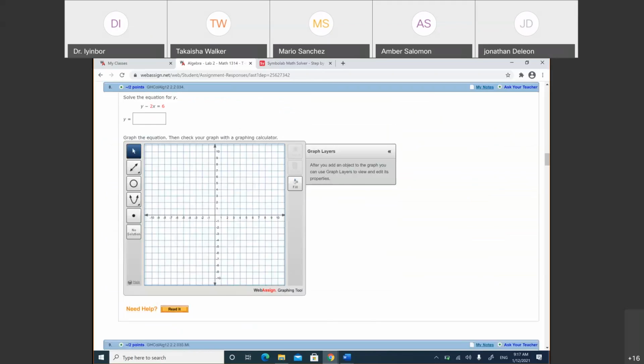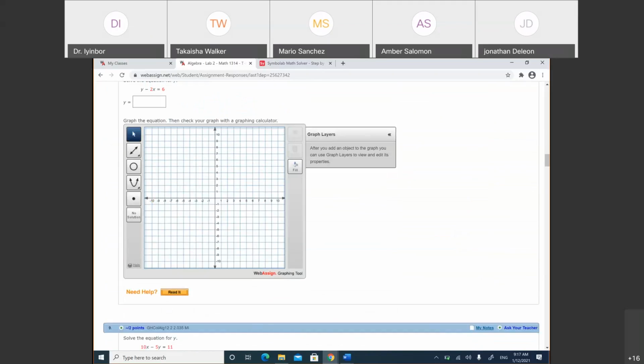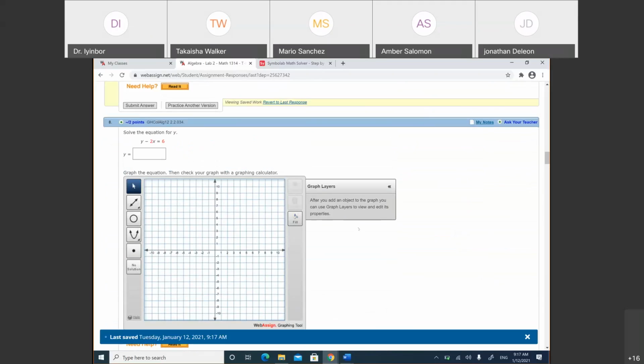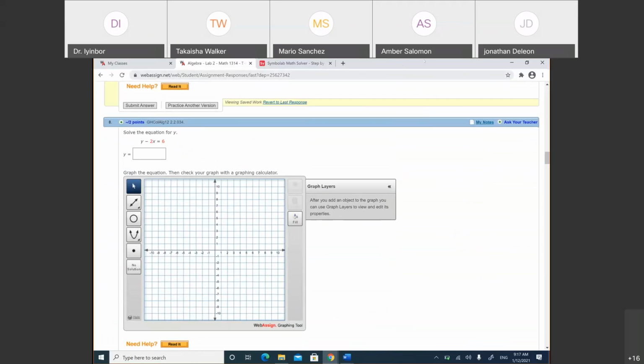Now let me show you how to graph a line. So number 8, we have to get y by itself here. So in order to get y by itself, I'm gonna solve it first, and then we're gonna graph it. So I have y minus 2x equals 6.